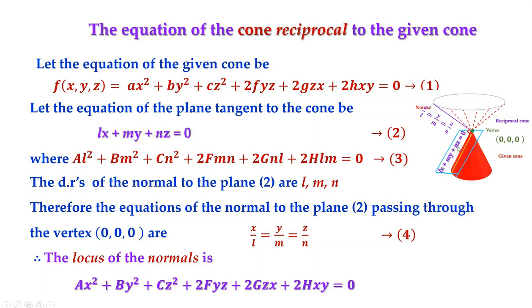Because the equation of the plane is like this, they can be regarded as direction ratios as well as direction cosines. So we will take them as direction ratios only. The normal to the plane has direction ratios L, M, N, and it passes through the vertex.